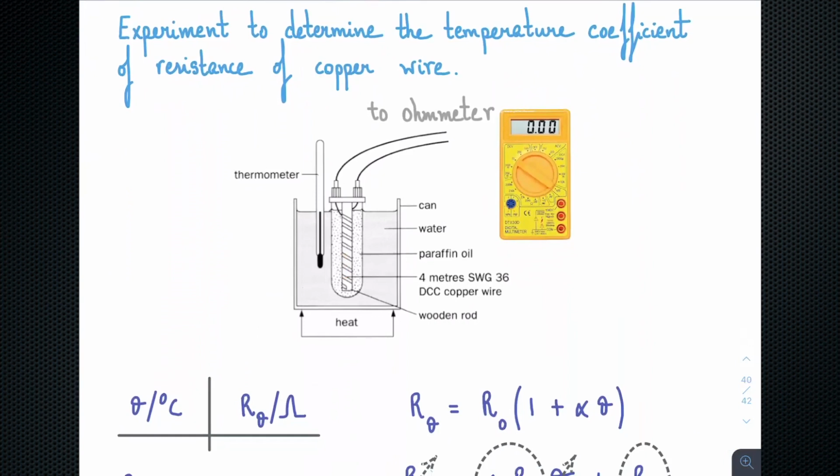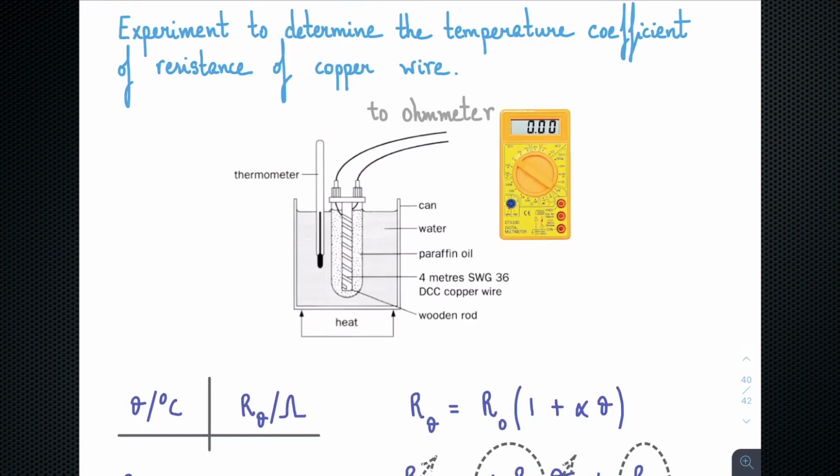Paraffin oil ensures better thermal contact with the coil of wire. The temperature is monitored using a thermometer. The experiment simply consists in heating the water beaker. You can simply use an electric hot plate.